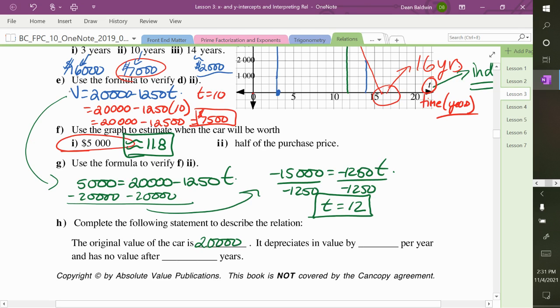Here's the formula right here. $1,250 every year. And it has no value after 16 years. Although we know this isn't true.